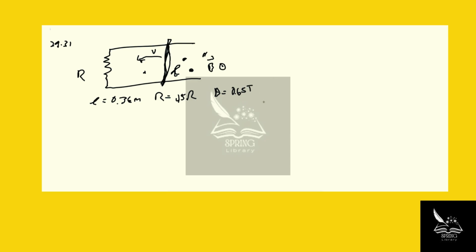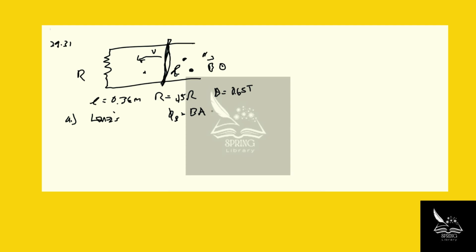Okay, so we want to figure out the direction of the induced current in the circuit. To do that, we use Lenz's law, the one that says the induced current produces a B field that opposes the change in magnetic flux. Let's look at this flux for a second. We know the magnetic flux is the B field times the area.